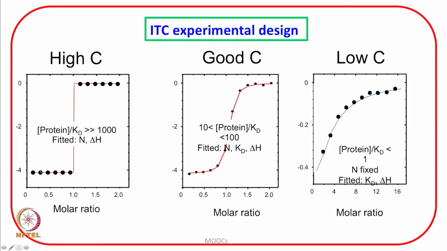And the next injection also, whatever ligand is added, that is also completely binding, which is not happening here. When you are adding some amount of ligand, it is partly binding and partly going into the solution, because the value of K is not very large. So, for a weaker binding affinity, usually this kind of isothermal titration calorimetric profile is observed.